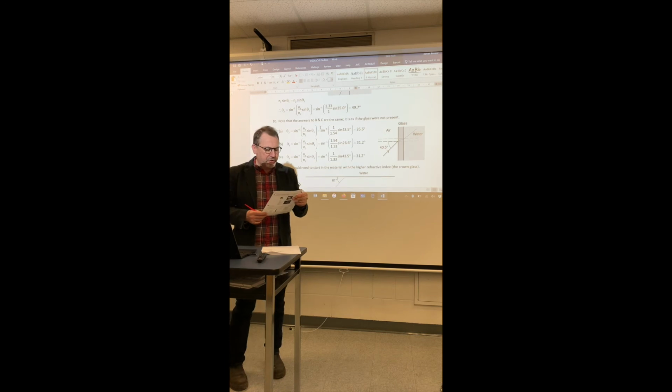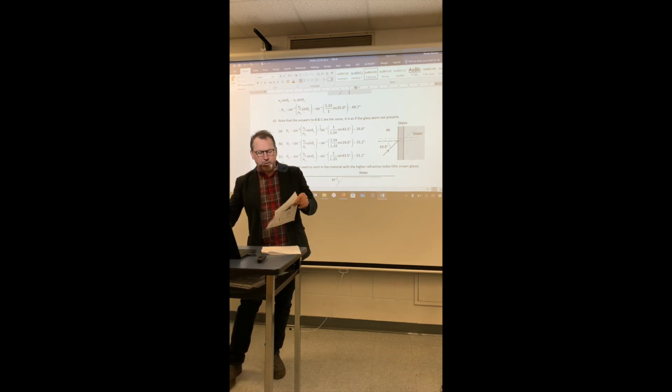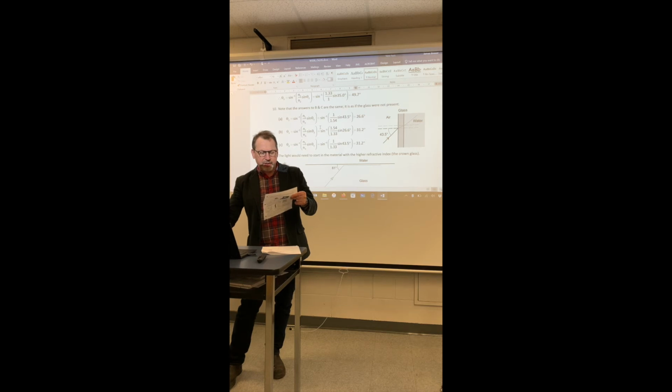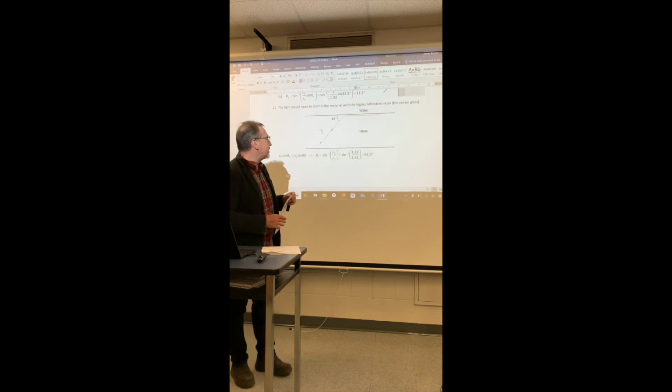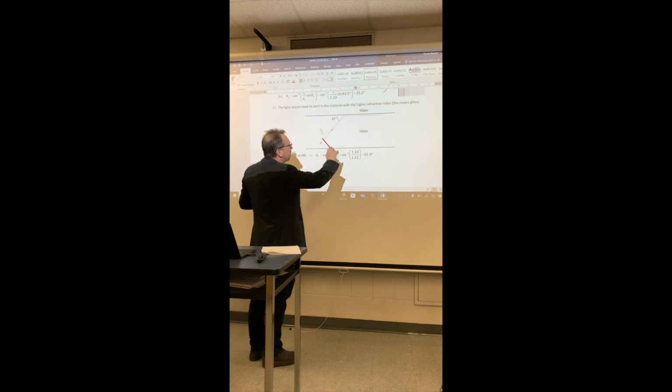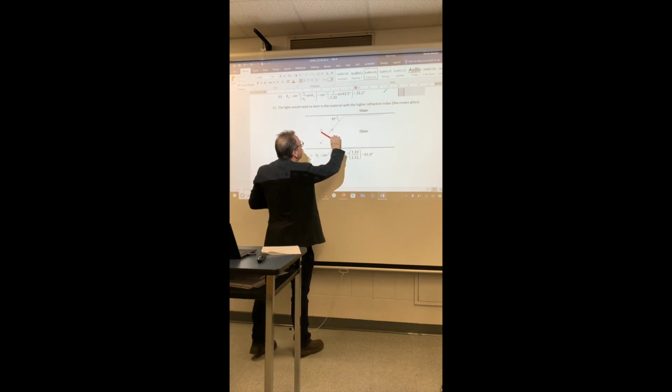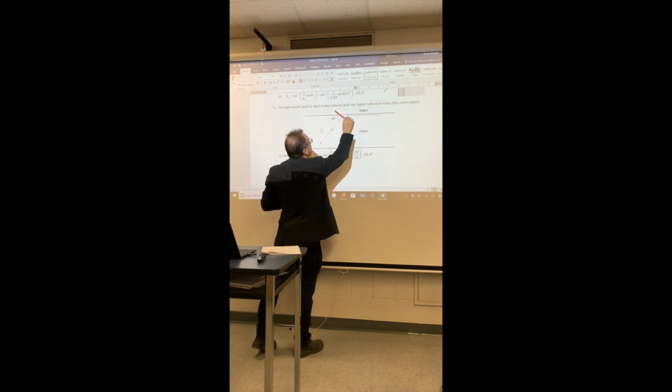Question 11. What is the critical angle for the interface between water and crown glass? To be internally reflected, the light must start in which material? Okay, so here's the diagram. Remember, if this is glass, what we need it to do as it comes out, it needs to bend around like that, right?